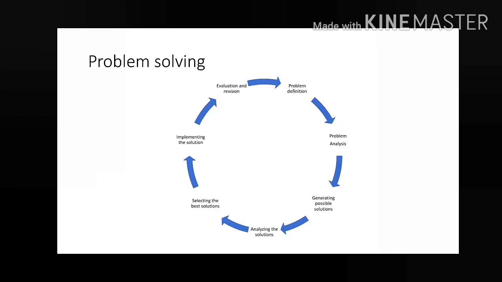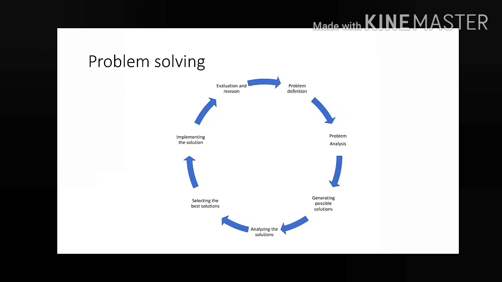It is very important that if that particular individual is suffering from one or another disease, he should seek medical help. The third is that the person wants to clear the exam. The exam will definitely come next year also, but here he has analyzed that out of all three problems the priority should be given to the health issues.